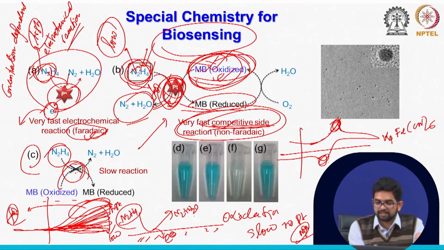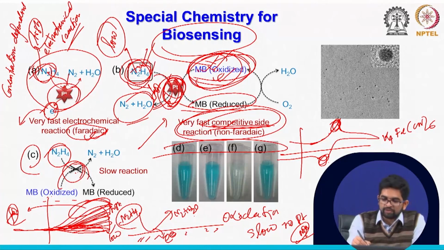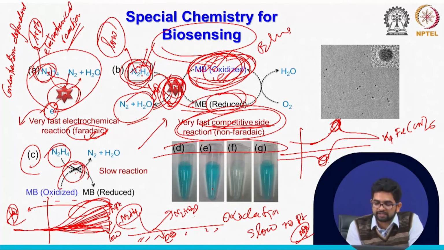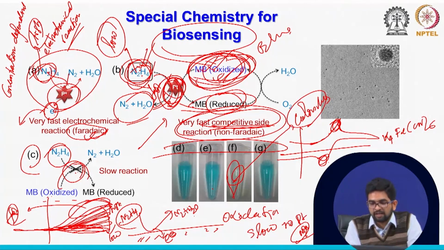Clear? You can see in the images here, the methylene blue is blue in color. At the beginning it is very blue. Now, if the platinum nanoparticle reacts with the hydrogen, then this oxidized blue form will form the reduced leucomethylene blue, that is colorless. You can see in F, it becomes colorless because of this reaction.